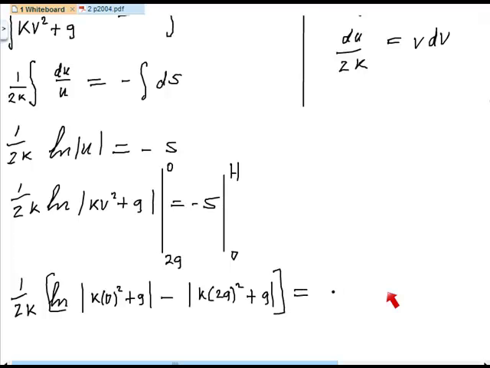And that's going to be equal to minus. Just a little tip here as well, when you have a minus, you can swap the limits around and get rid of the minus, so it becomes s between h and 0.